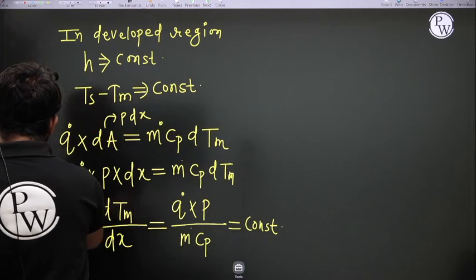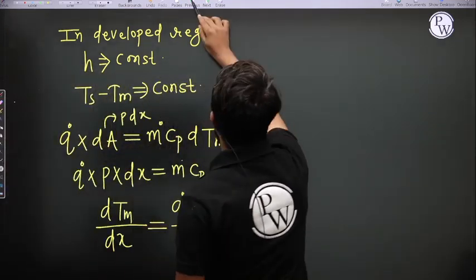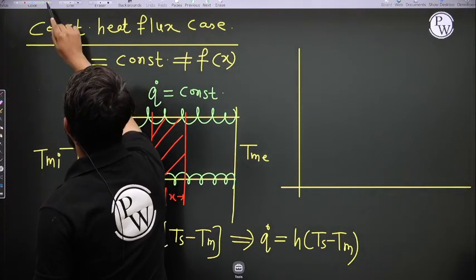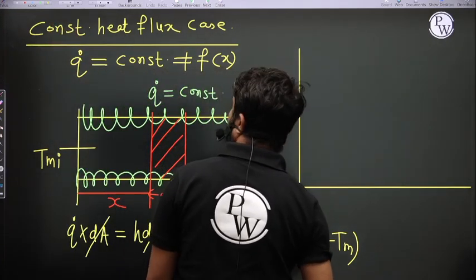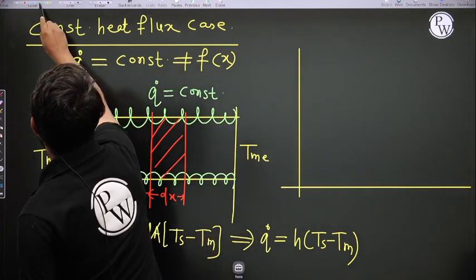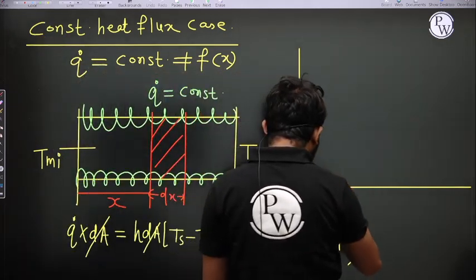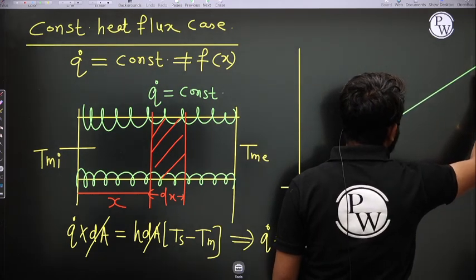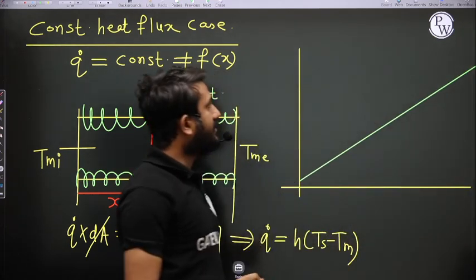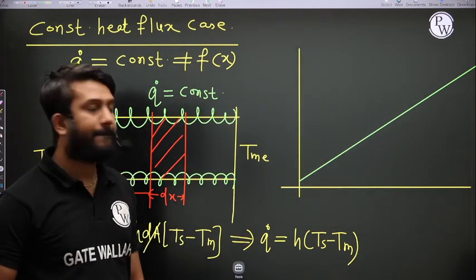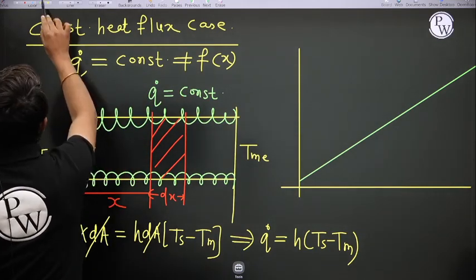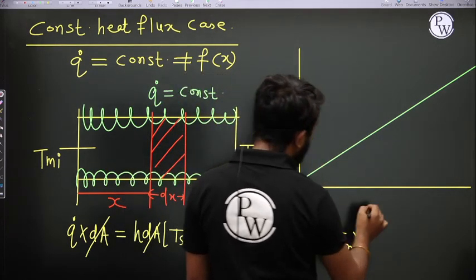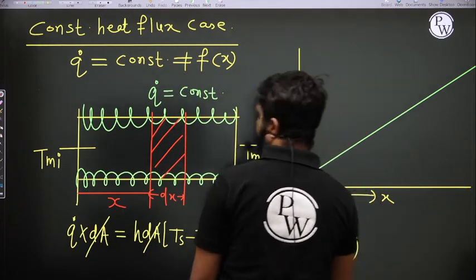Is it fine? So here, if you see the mean temperature variation, this is the mean temperature variation. This is temperature, and this is x, right?